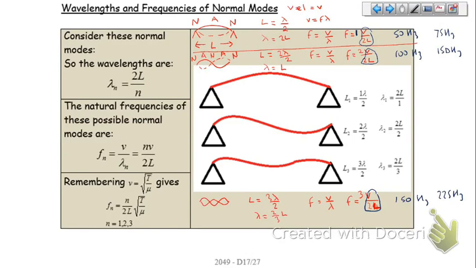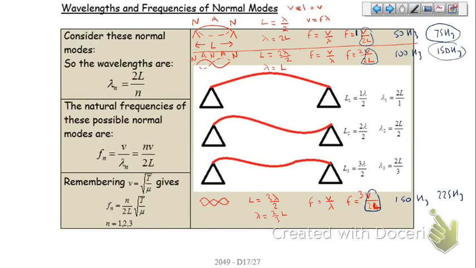So from the pattern, I can figure out, given velocity and length, what the frequency would be. Just put numbers in, yeah? And I see for a guitar string, the second pattern is twice the frequency of the first pattern. Let's call that the second harmonic, not because it's the second pattern, but because it's twice the frequency.